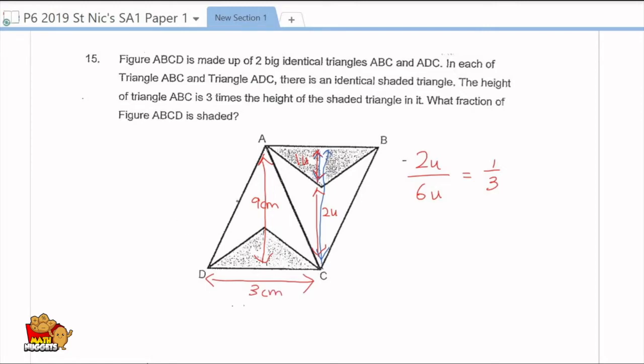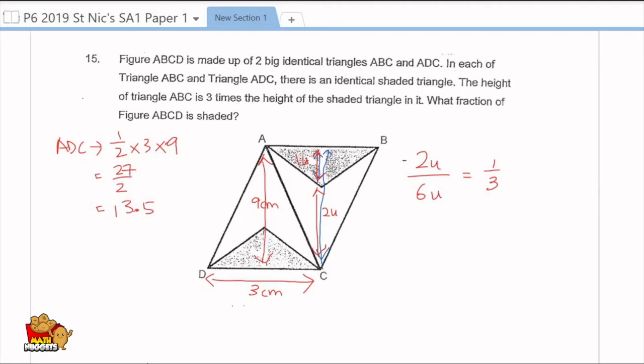Okay, the area of the big triangle ADC would be half times 3 times 9, which is 27 out of 2, which is 13.5.